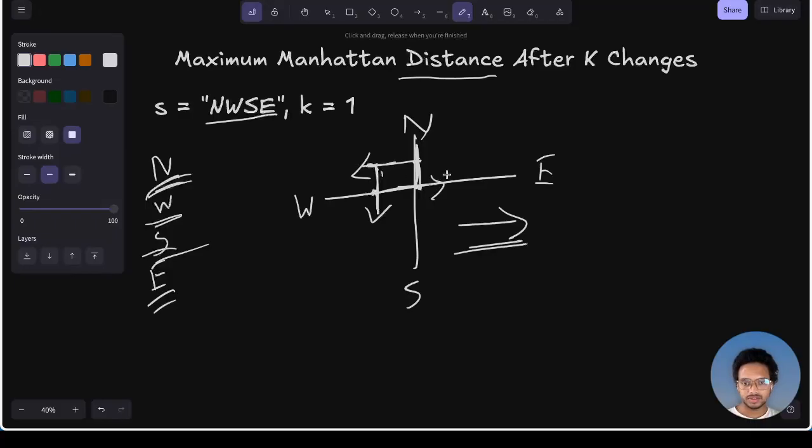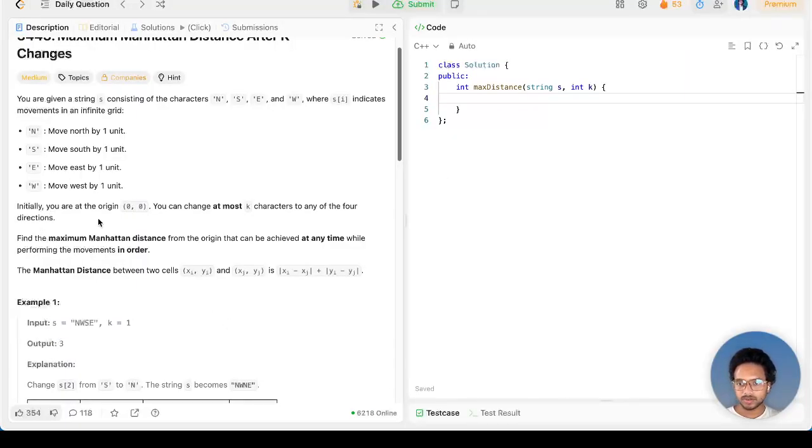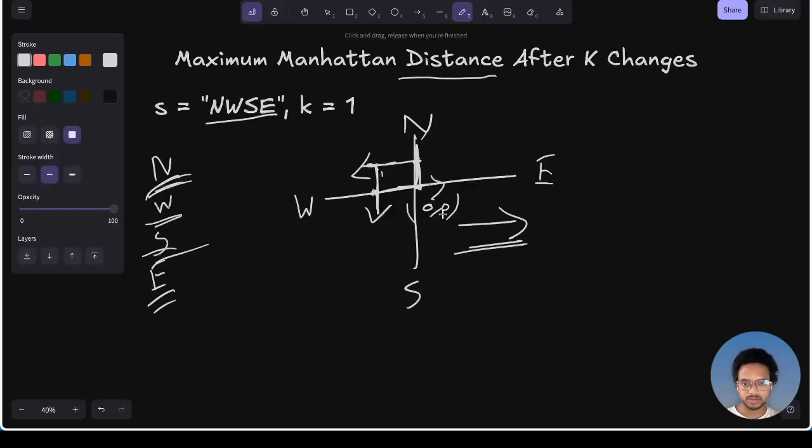The problem says you are at the origin 0, 0, so you are at the zeroth position. If the value is north, you are going up, means 1, 0, so you are increasing the value. If the value is west, you are going minus, so here the value will be -1, decreasing the horizontal value.